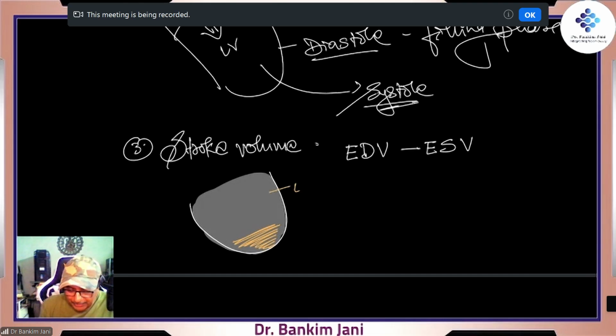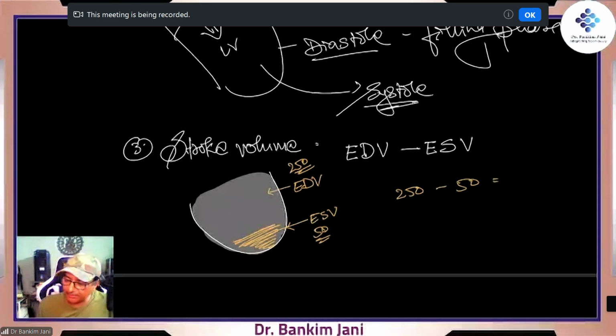So this was our end diastolic volume, and the heart squeezed. It was unable to throw out the entire blood. Some blood was lying over there. So this was our end systolic volume. Just as an example, say this is 250, and left out is 50. So 250 minus 50 means 200 was pushed out.